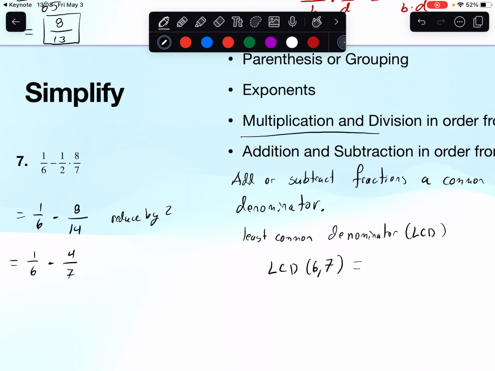And so a quick way of finding a common denominator is just to multiply the two denominators. So, 6 times 7 is going to be 42. And that may be the smallest one.